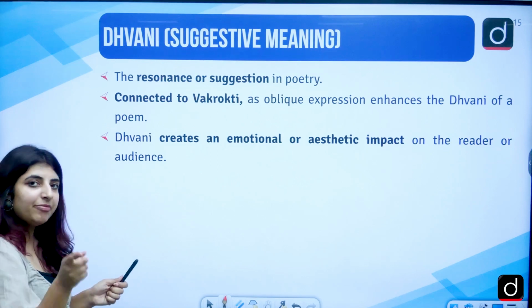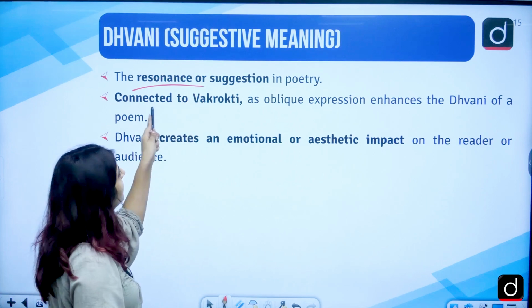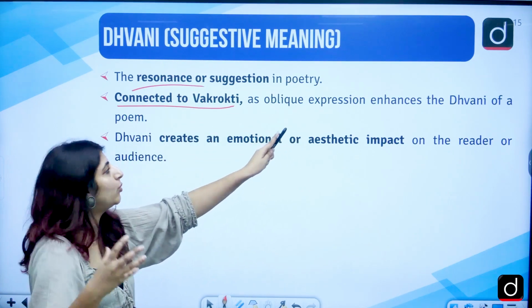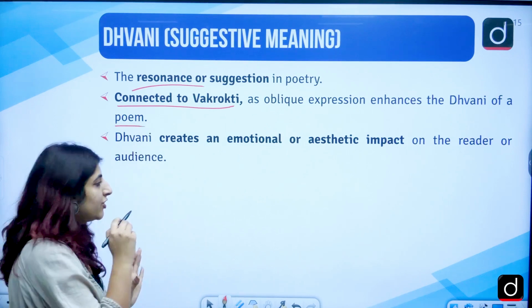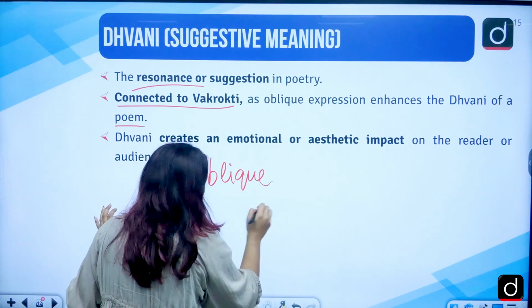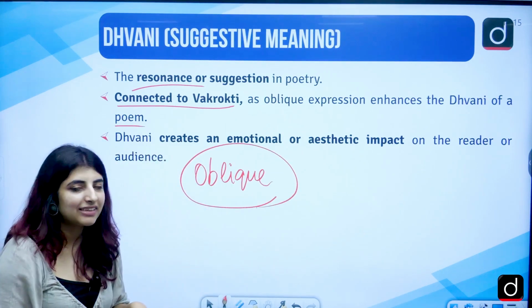Dhvani, suggestive meaning, which is an element of Vakroti only. The resonance connected to Vakroti as oblique expression enhances the Dhvani of a poem. So which means Vakroti itself is oblique expression, a blurred expression, indirect statement.